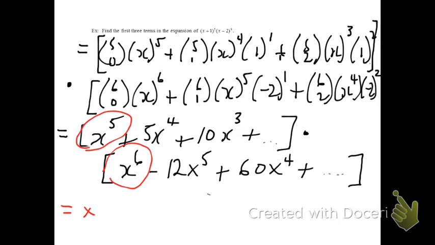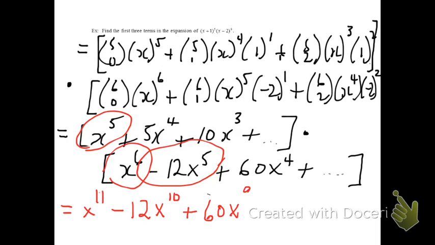So that would give me x to the power of 11, minus, because now I'm going to take x to the power of 5 and multiply it by the next term, so minus 12x to the power of 10. And then just continuing on along, plus 60x to the power of 9, and then continuing the pattern.